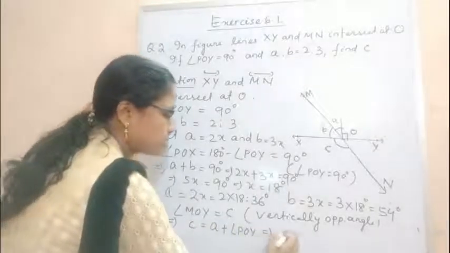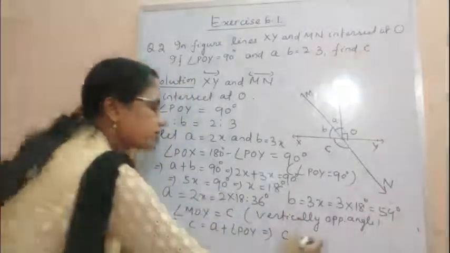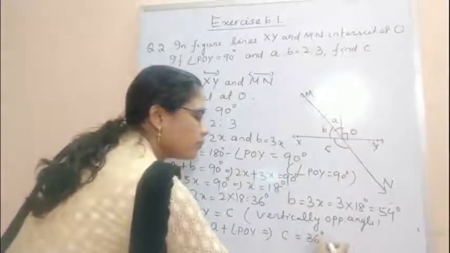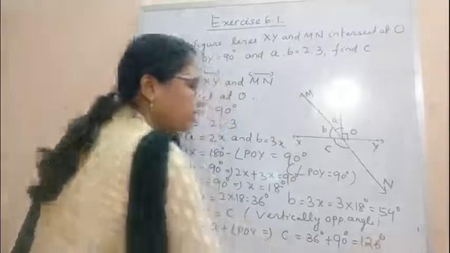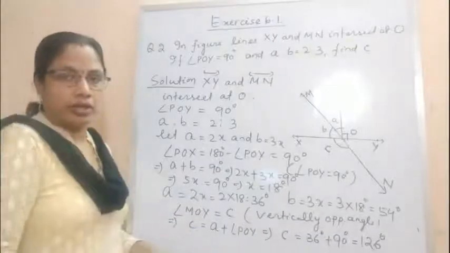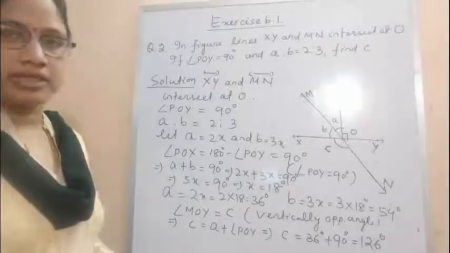So C is equal to 36 degrees plus 90 degrees, that is 126 degrees. So angle C is 126 degrees.